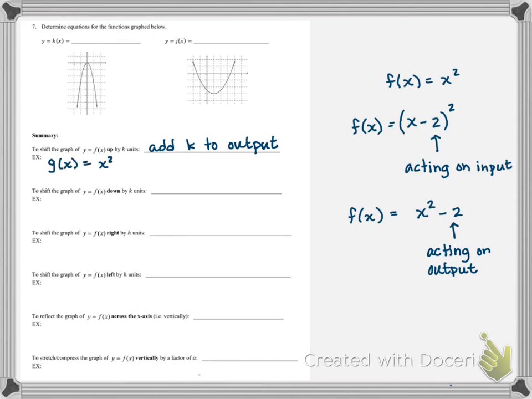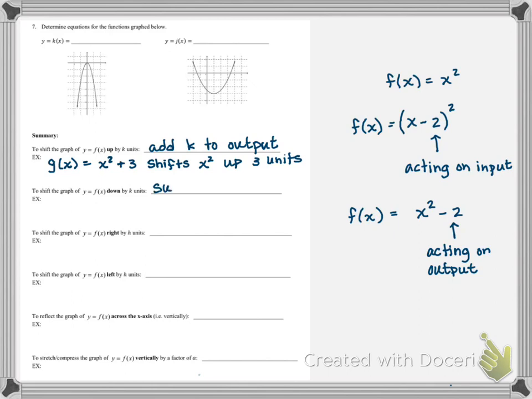So if we square first and then add 3, that shifts x squared up 3 units. And then if I want to go down, what should I do? Minus, from the output still, right?